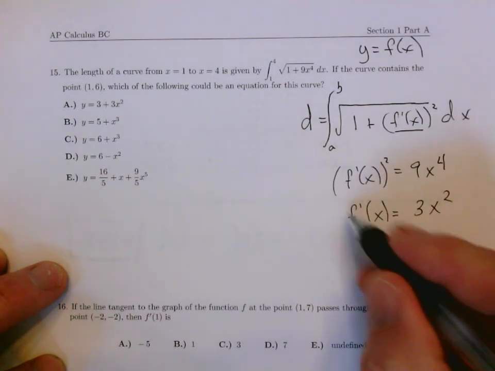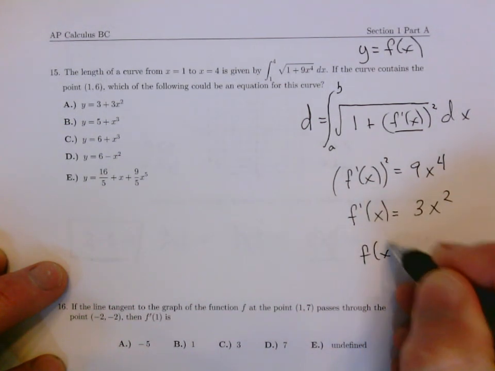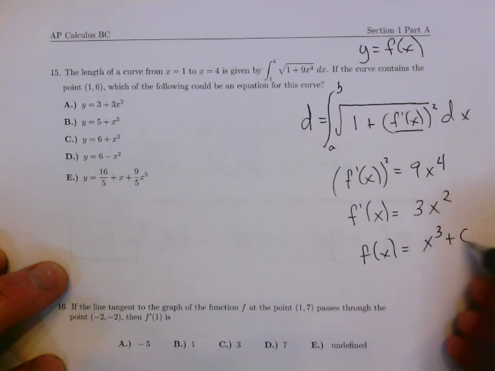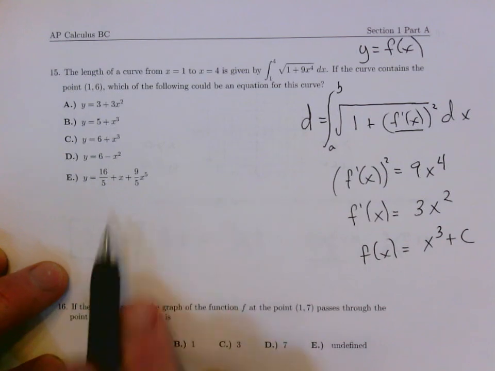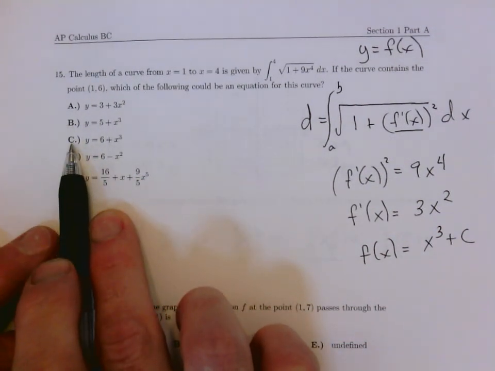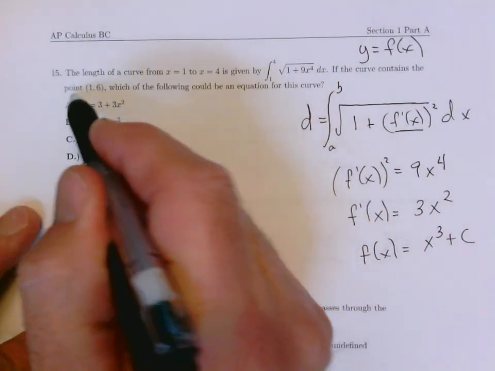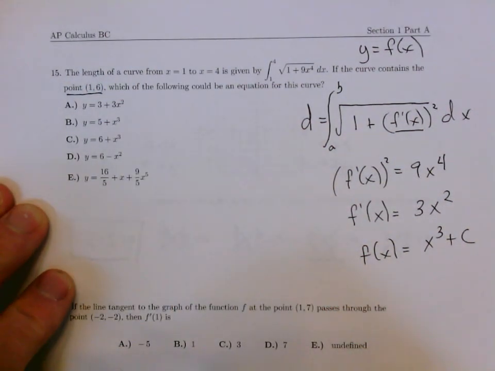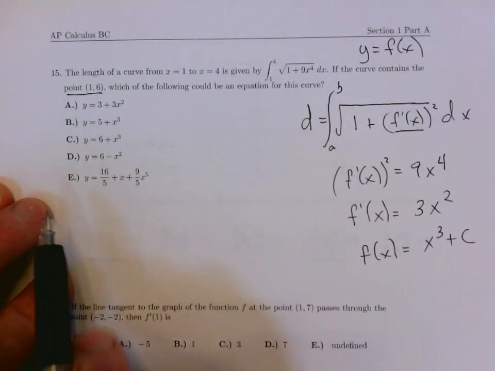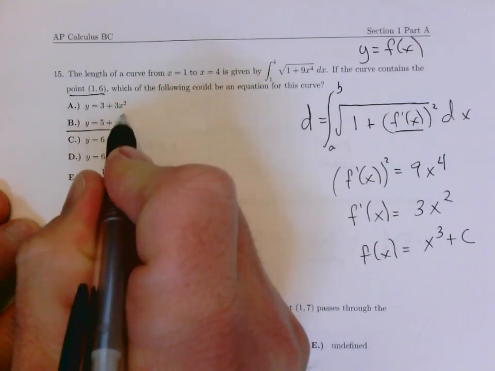If you wanted to, you could integrate this and get f of x equal to x cubed over 3 times 3, so x cubed, plus some constant c. The only ones that have an x cubed are B or C. That's where the next piece comes into play for narrowing it down: it has to pass through the point (1, 6). Which one, when I plug in 1, gives me 6? Clearly the answer is B.